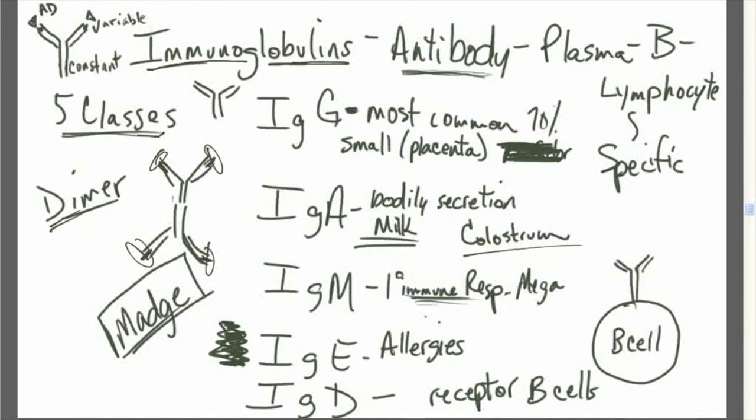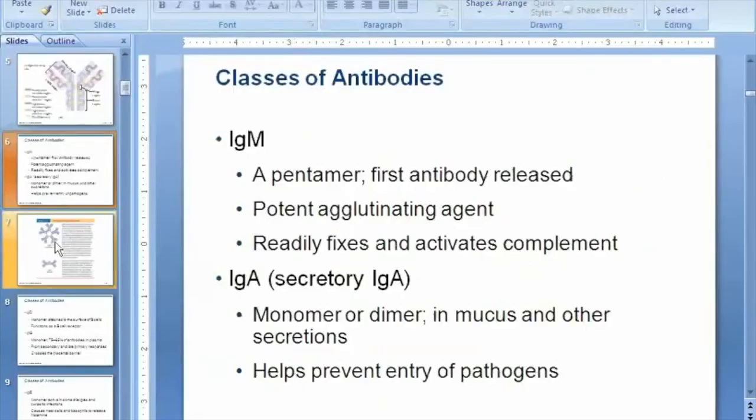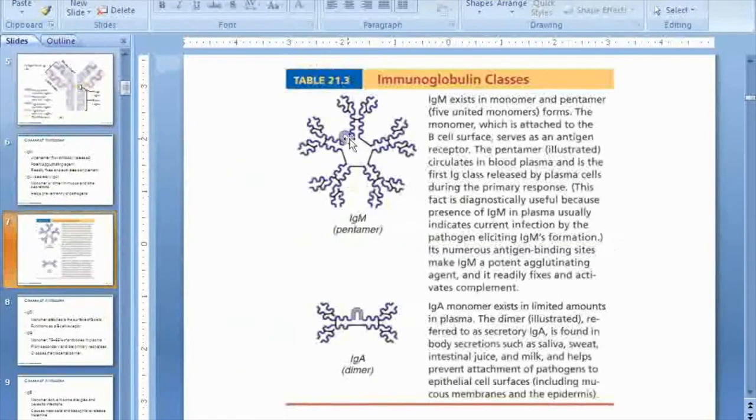Okay, now this is pretty neat. The IgMs stand for mega. IgMs are actually 5 antibodies. I'm not going to go crazy and draw that one. I'm going to show you. Look here. 1, 2, 3, 4, 5. Right there. So how many binding sites? 10 binding sites.